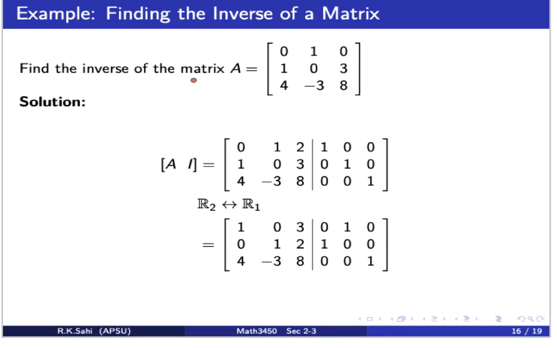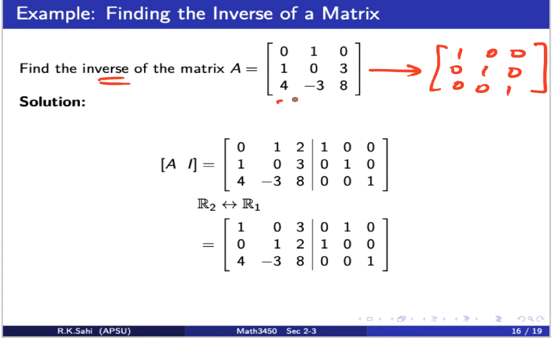So we would like to find the inverse of this 3 by 3 matrix. Remember, when you want to find the inverse, the idea is to apply the row operations simultaneously, and we want to get this A into the form 1 0 0, 0 1 0, 0 0 1. That is the technique we want to use.